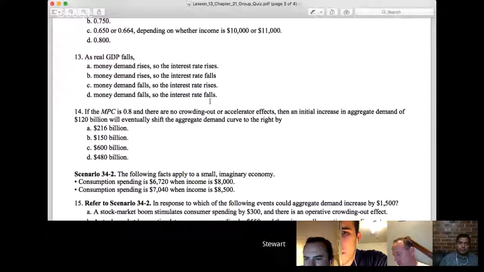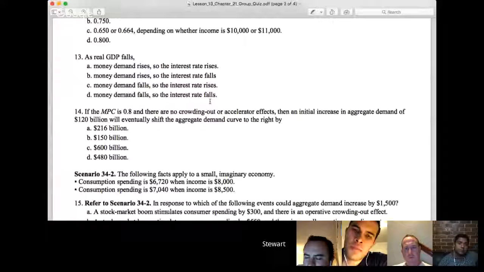Let me just think about this. As real GDP falls, I mean, it makes sense for the interest rates to rise because they're trying to incentivize people to put money in the bank so it can be loaned out. So think about like a recession. Is it that people demand more money because they don't have as much?